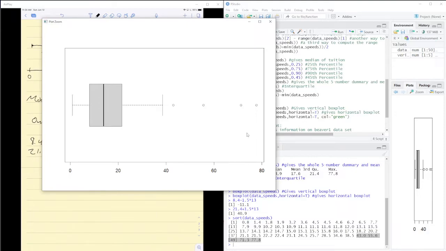So a modified box plot would be like this. You know what I'll do? I'll copy this.